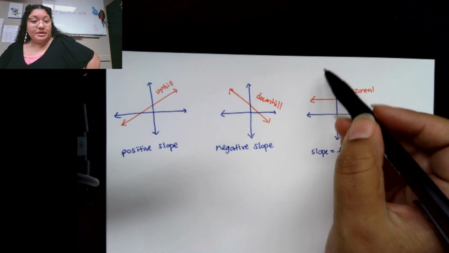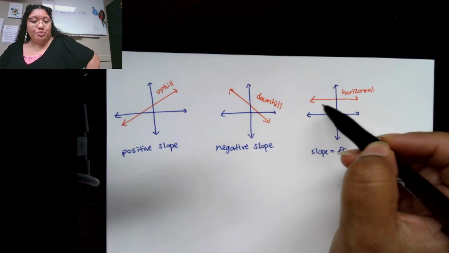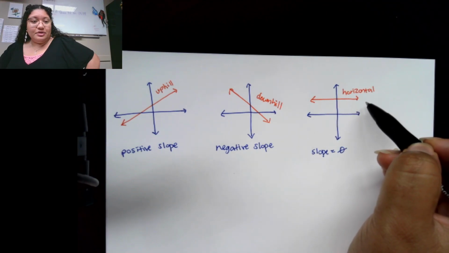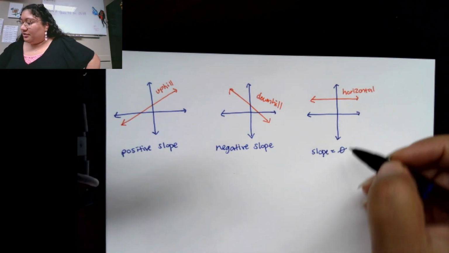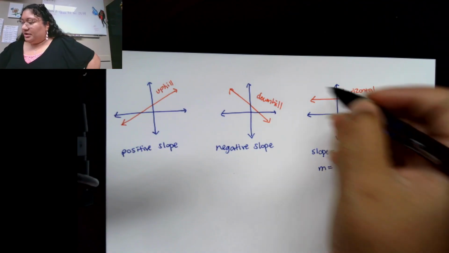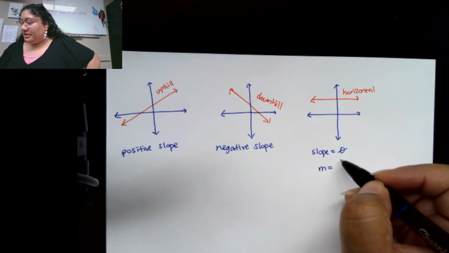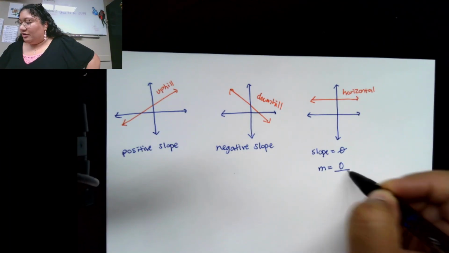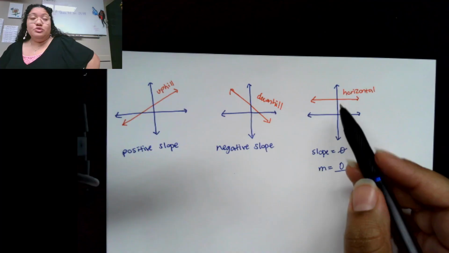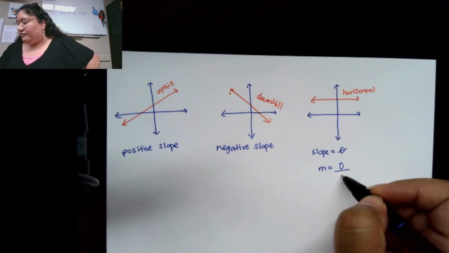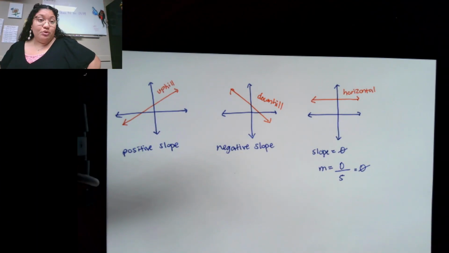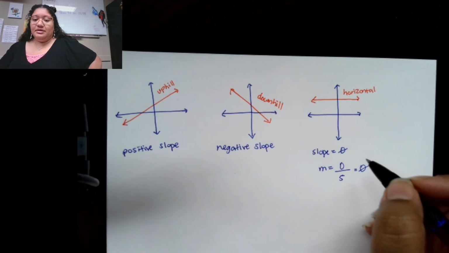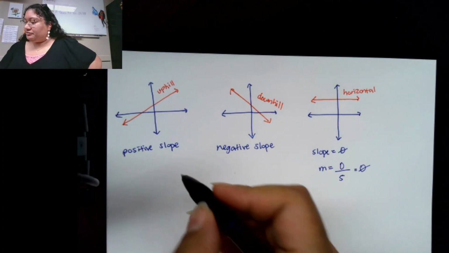There's no movement in my vertical way. I only have my x's. So I would always have a 0 on my numerator for slope because I'm not moving up or down, so my slope would be 0. Let's say my numerator would be 0, while my denominator could be like 5. Well, what's 0 divided by 5? 0. That will always be true. For a horizontal line, you will always have a slope of 0.